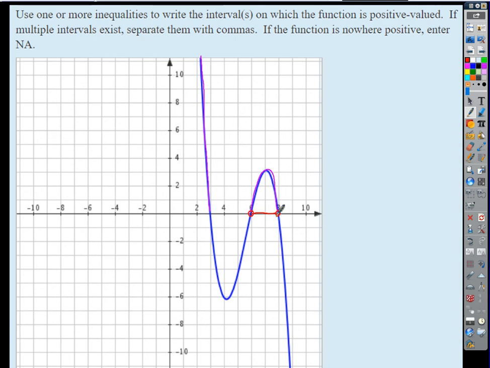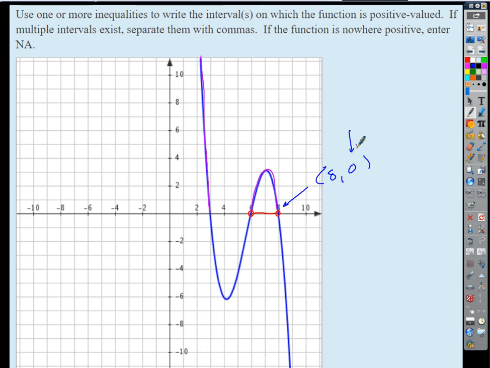Why? Because we're asking for the places where the function is positive valued, right? Let's take this point right here, for example. What are the coordinates of that point? 8, 0. Okay, is 0 positive? No, it must be negative.